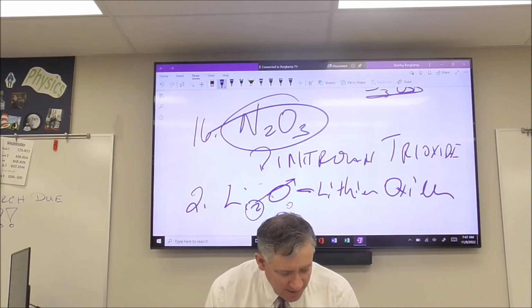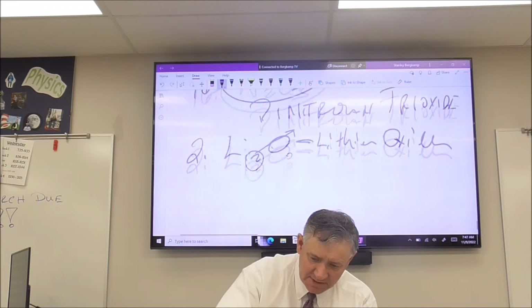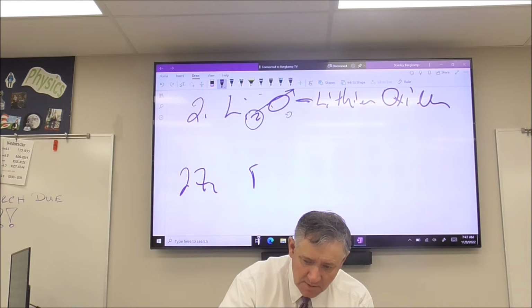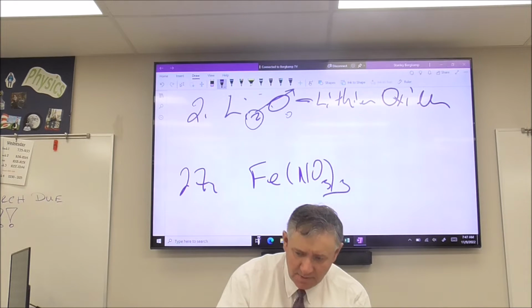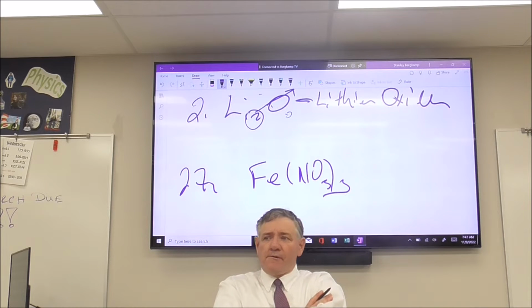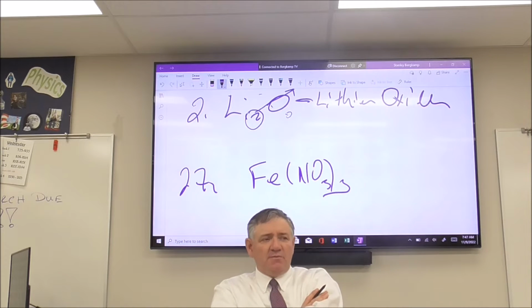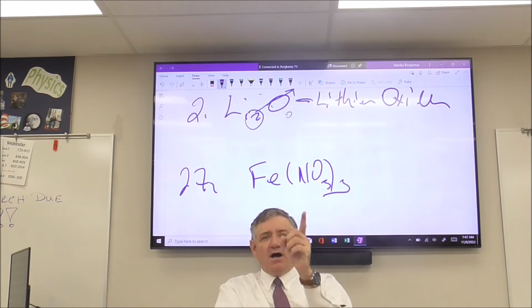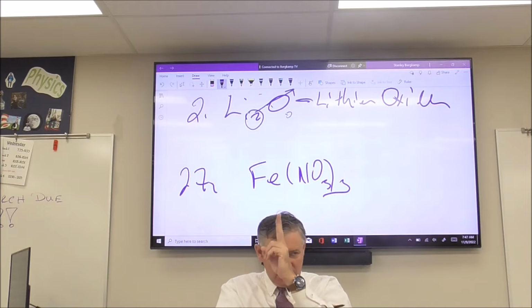Okay. Now, let's talk about number 27 on that back side. So you have Fe(NO3)3. What do you know about iron? Is iron one of those that has more than one oxidation state? Yes. Iron, copper, and manganese are going to be the big ones.